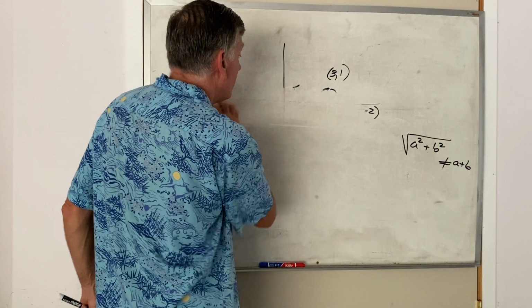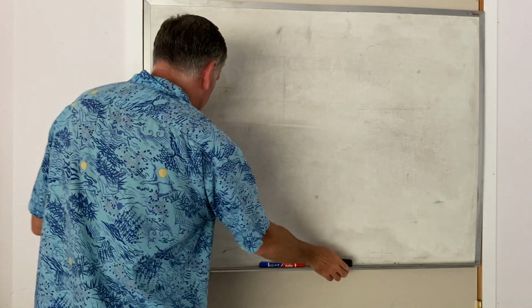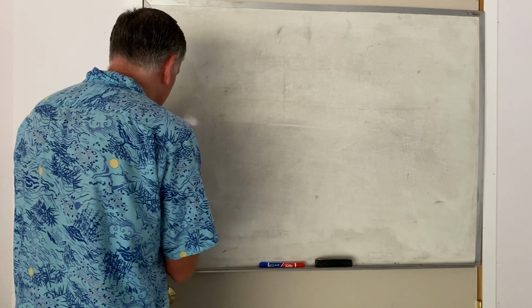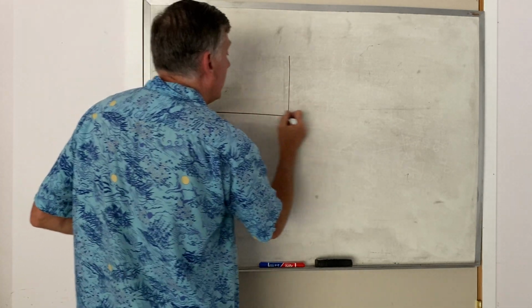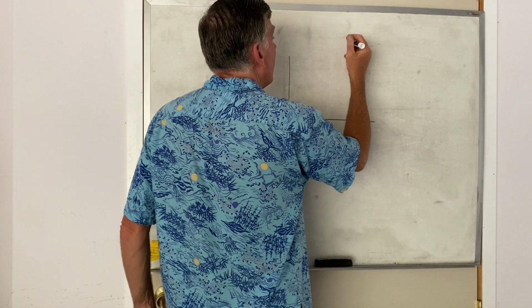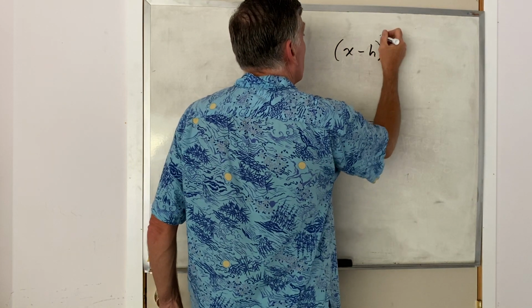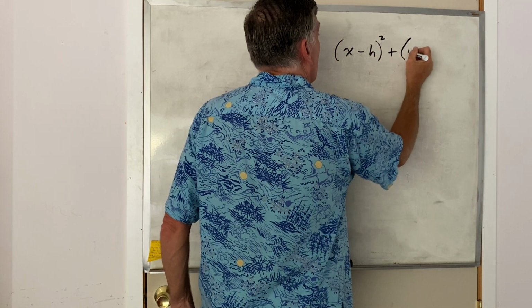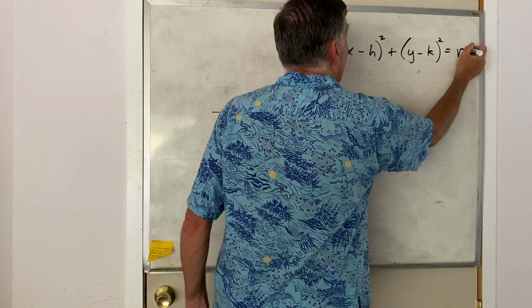Last thing I want to talk about is the equation of a circle. And your book has kind of a formula, and I'm just going to say that's equal to x minus h quantity squared plus y minus k quantity squared is equal to your radius squared.